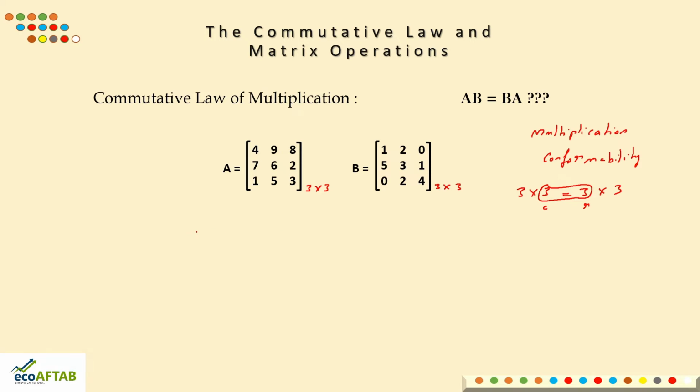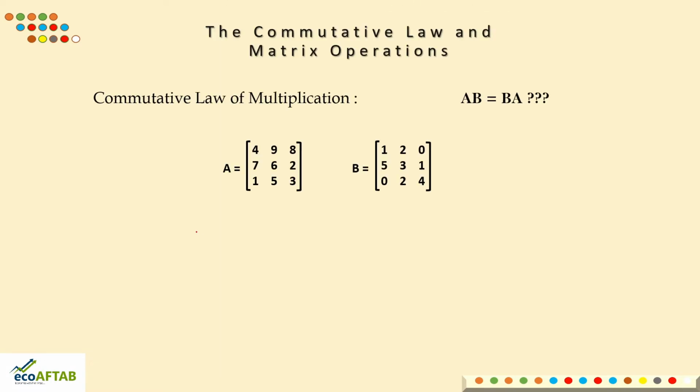First we'll see what we are going to get with regard to A, B. So first is A multiplied by B, and this is equal to 4 multiplied by 1 plus 9 multiplied by 5 plus 8 multiplied by 0.